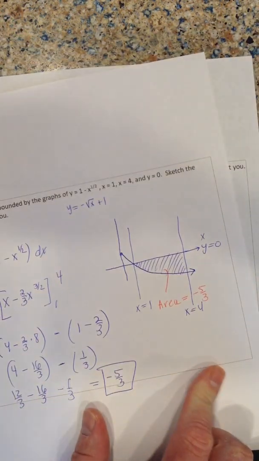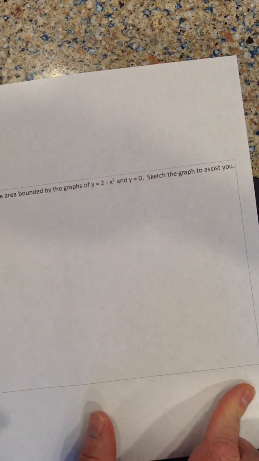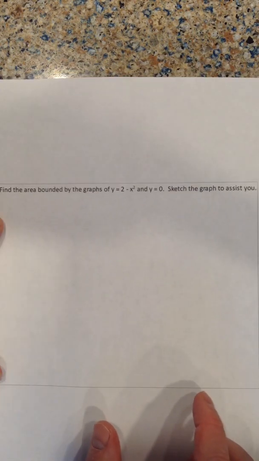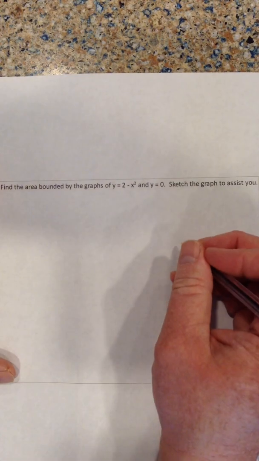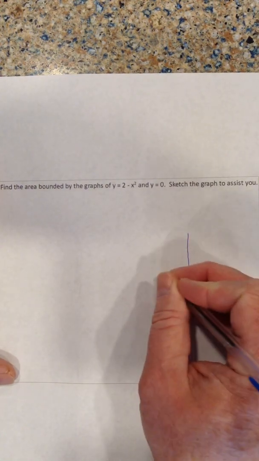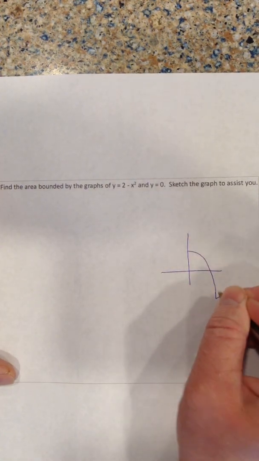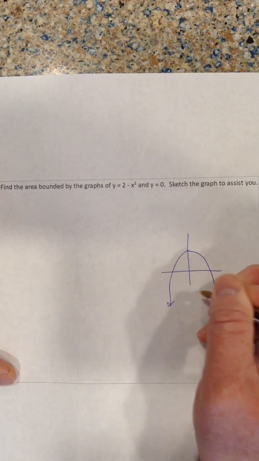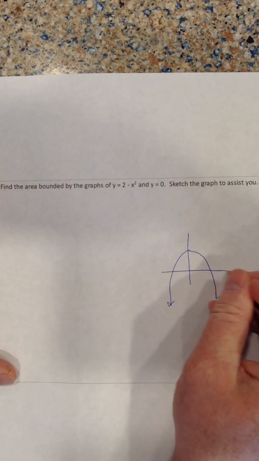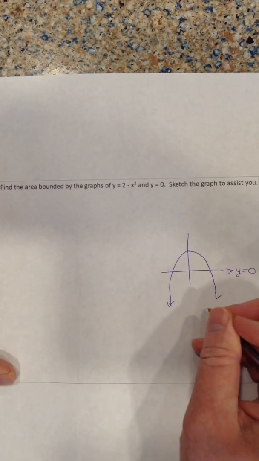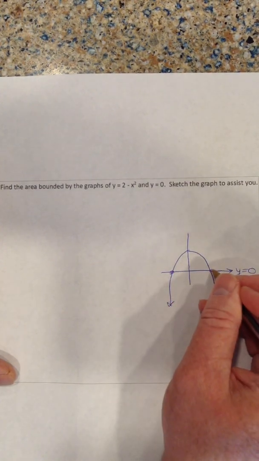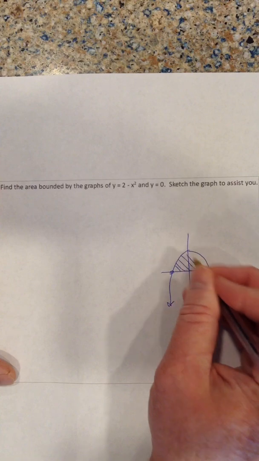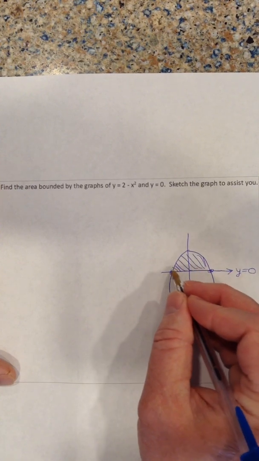I've got one more example here. It's going to make it a little bit longer of a video, but that's okay. Let's see, 2 minus x squared. So that's a parabola that goes down like this, and y equals 0. Now I need to know where those intersect, because I want that area, but I need to know where the points are.